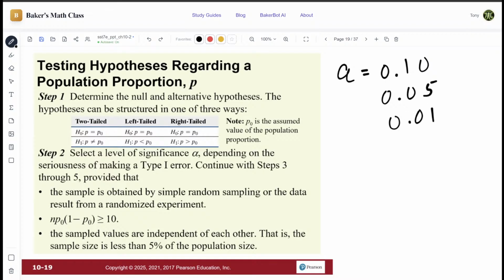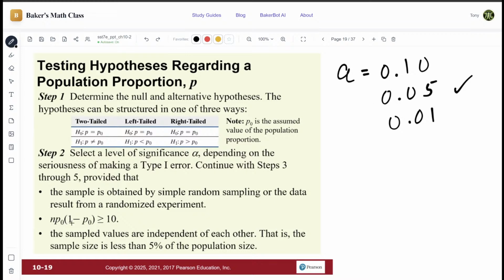Most of them will be that 0.05, that 5%. And remember, that is the probability of me making a type 1 error. So the lower that is, the less chance that I'm going to make that type 1 error.